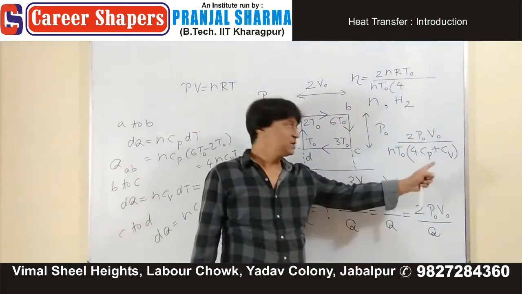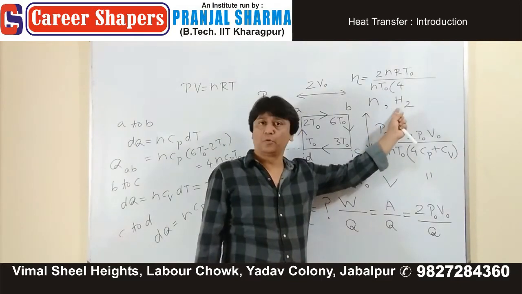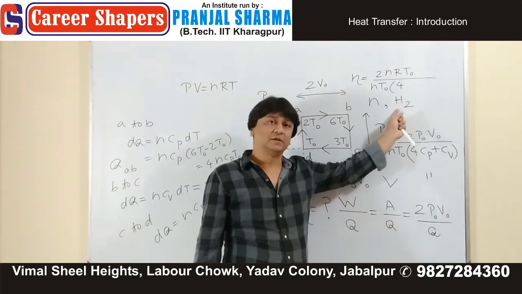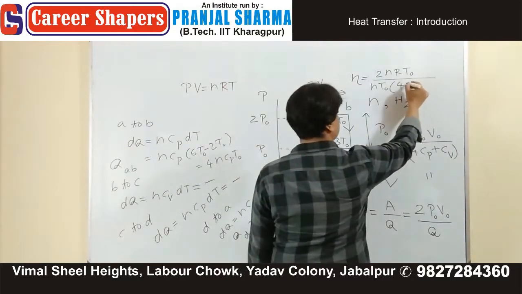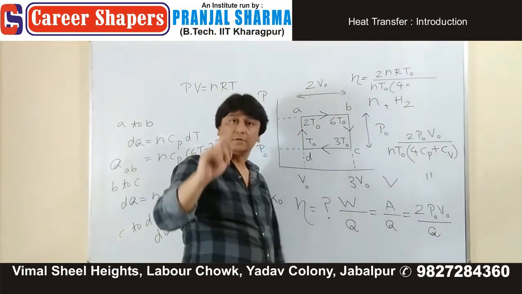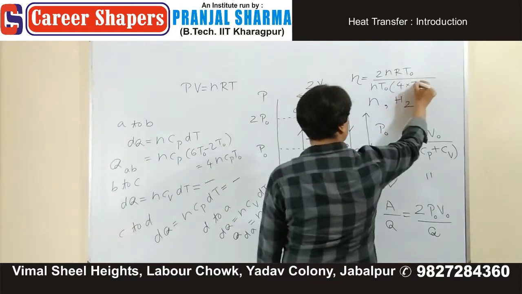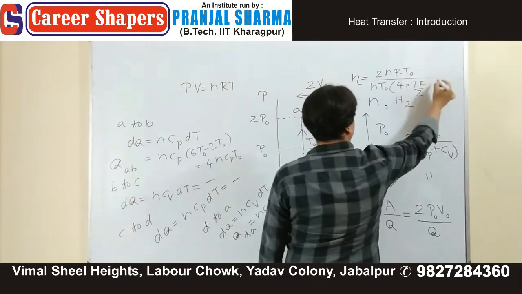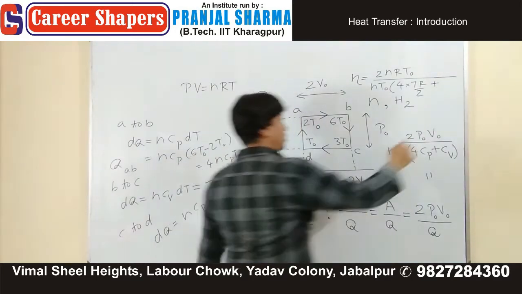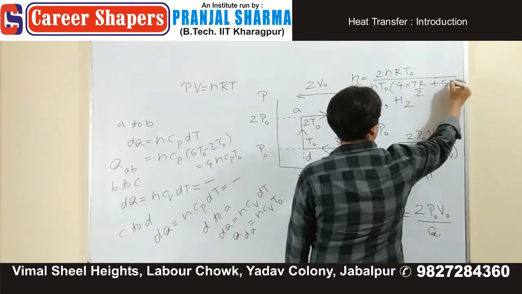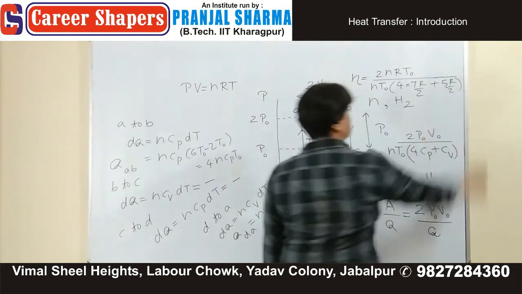What type of gas we have? Diatomic. For diatomic gases, Cp is what? Sorry, 7R by 2. Plus Cv. For diatomic, Cv is what? 5R by 2.